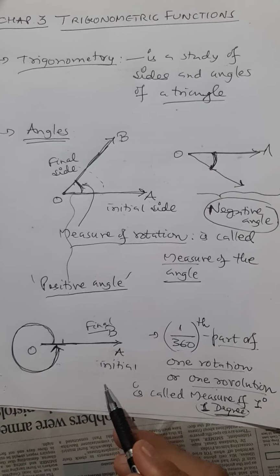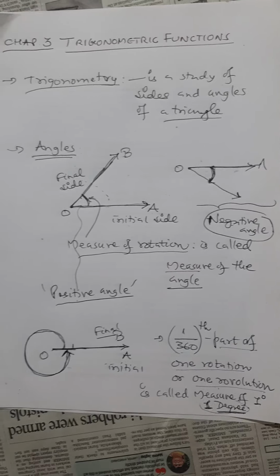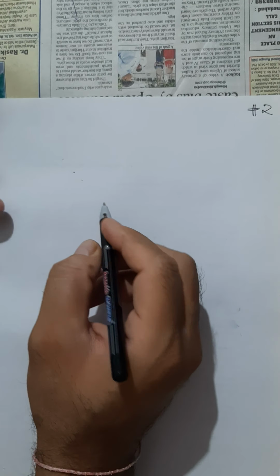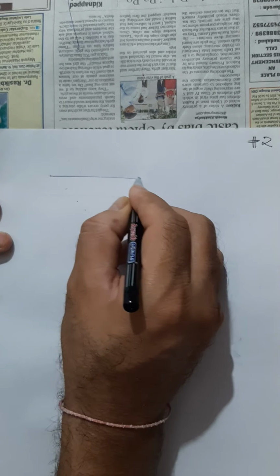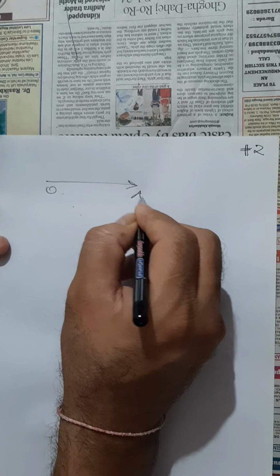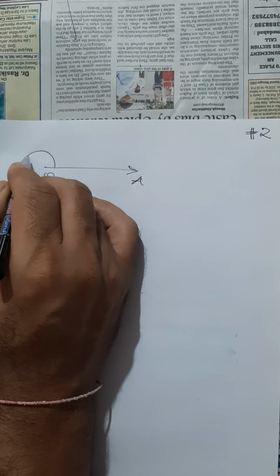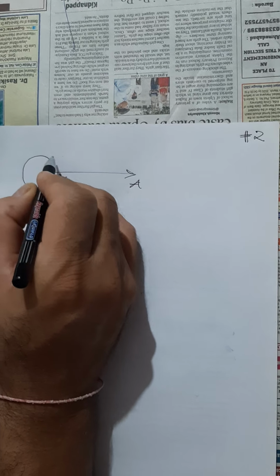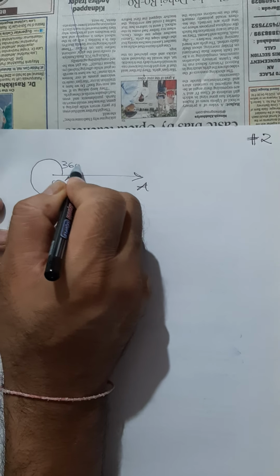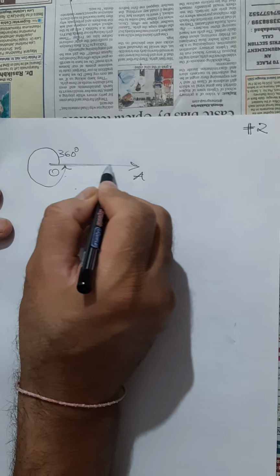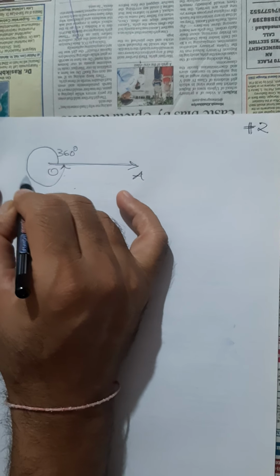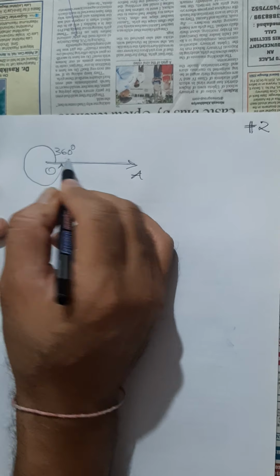So here if I show like this, this is a starting ray here. If I complete 1 rotation now, so as per definition this becomes 360 degree. Remember, one part of this complete rotation is called 1 degree.